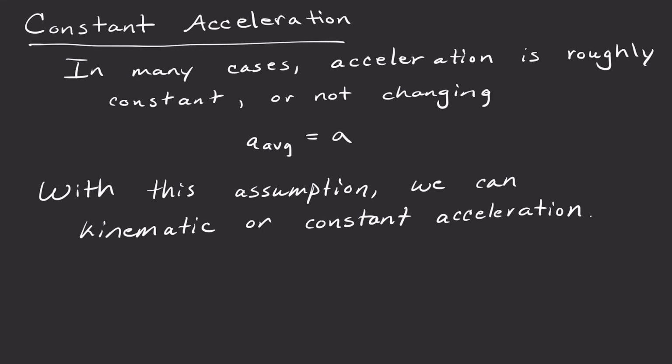Okay, so the first thing is we also let t naught, or our initial time, always be 0. And what this does is it makes it where delta t, which is normally t minus t naught, since t naught is 0, all we're left with is t. So everywhere we would have had a delta t, now we're just going to replace that with t. Okay? And in doing this, we're going to get these equations.